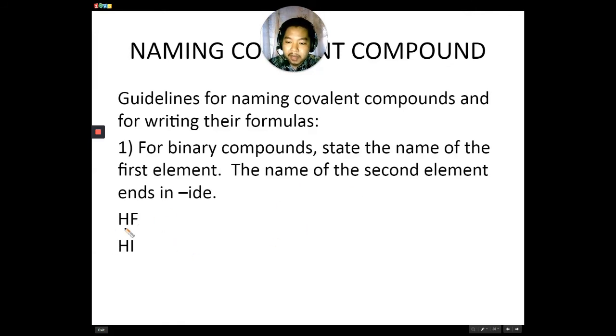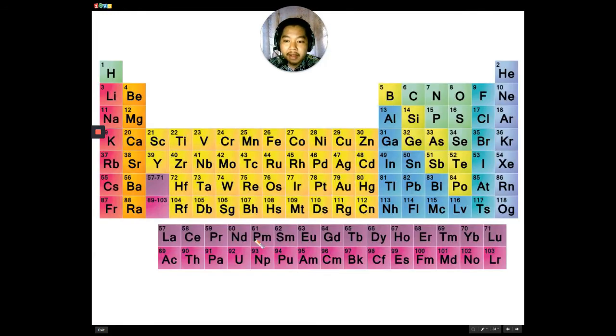If you'll notice, we have H and F, and H and I. So we need to identify these 2 elements. By the way, during our discussion on ionic compounds, hydrogen is in group 1, but we've never used it to form an ionic compound. Why is that so?